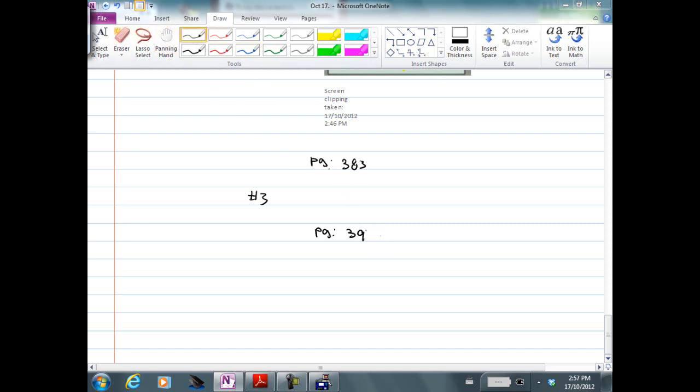The last few, I spent a lot of time on probability because those are a bit more challenging. Let's go back. Numbers 3, 4, 6.